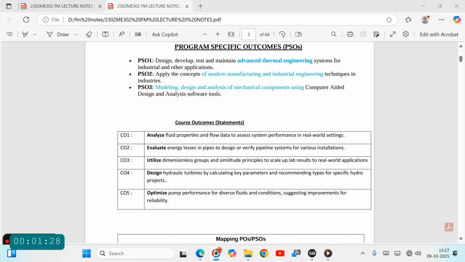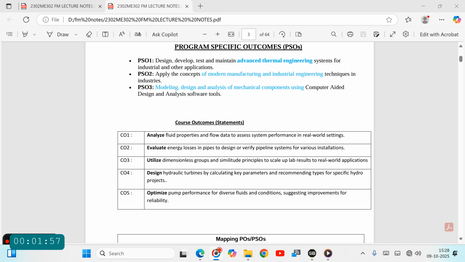CO2 is evaluate energy losses in pipes to design or verify pipelines for various installations. CO3 is to apply dimensionless groups and similitude principles to scale up lab results to real world applications. Course outcome 4 is the student will be able to design hydraulic turbines by calculating key parameters and recommending types for specific hydraulic projects.